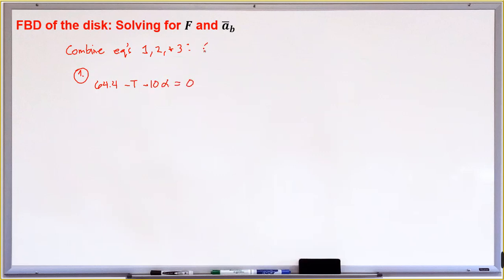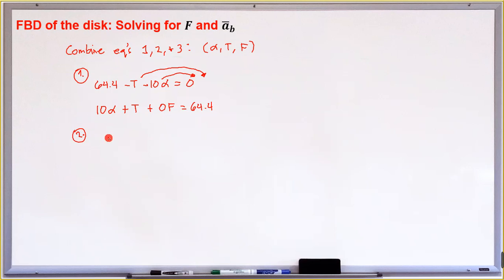We are going to arrange this in terms of alpha, then tension, then last the frictional force. So for equation number 1, we transpose terms to the other side, leaving the constant. It now becomes 10 alpha plus T plus 0 frictional force, that is equal to 64.4.